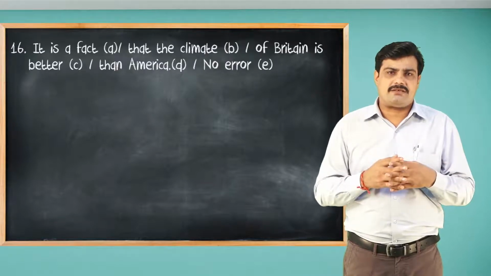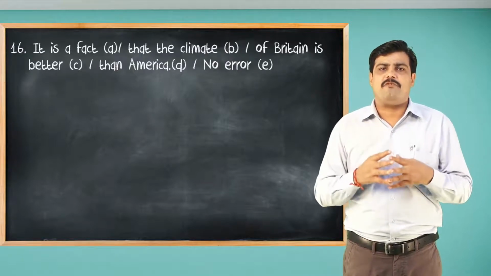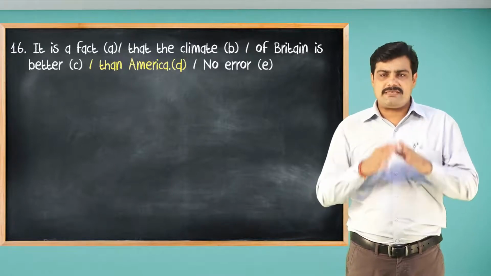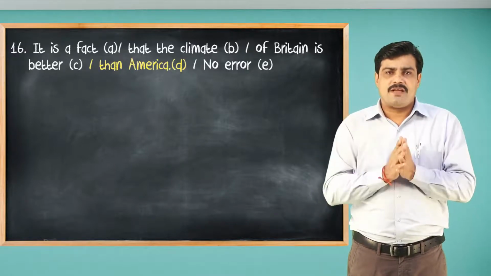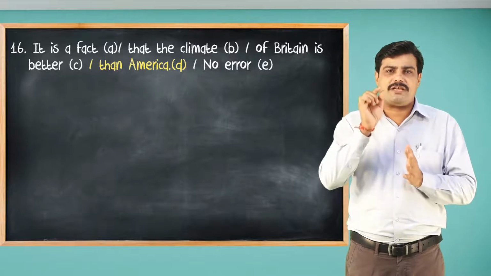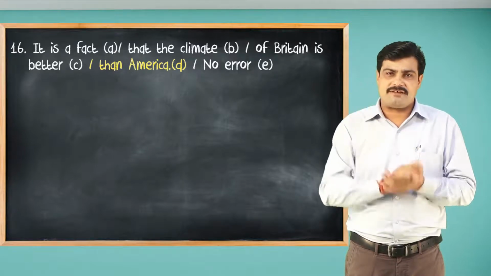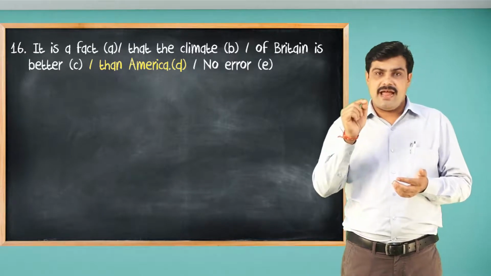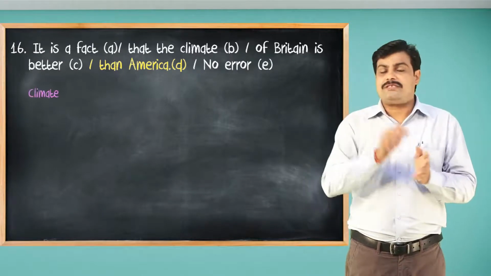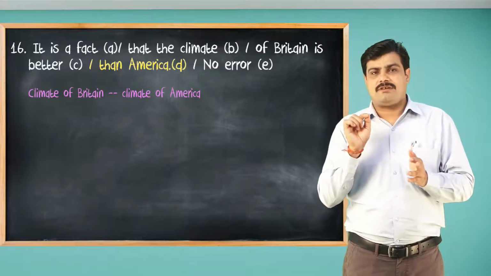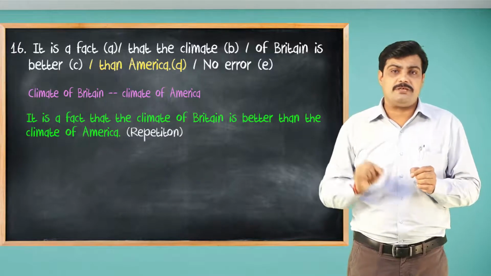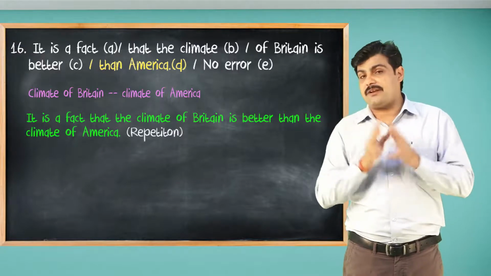It is a fact that the climate of Britain is better than America. Now in this sentence there is a comparison mistake. Part D is wrong because we are comparing the climate of Britain and the climate of America. So the sentence should be rewritten as, it is a fact that the climate of Britain is better than the climate of America.